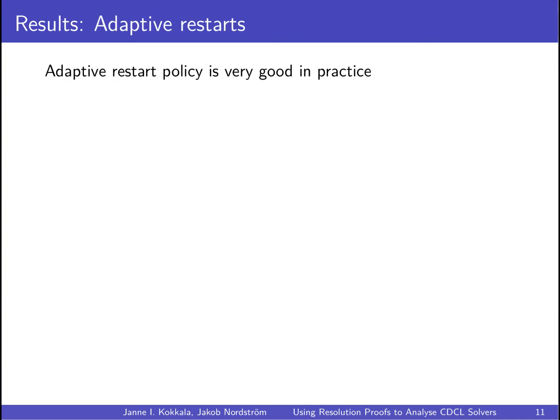So for adaptive restarts, we know that adaptive restart policies work in practice much better and much faster than static restarts. But we also want to ask, why do they work so well? What is their effect on the solver reasoning?